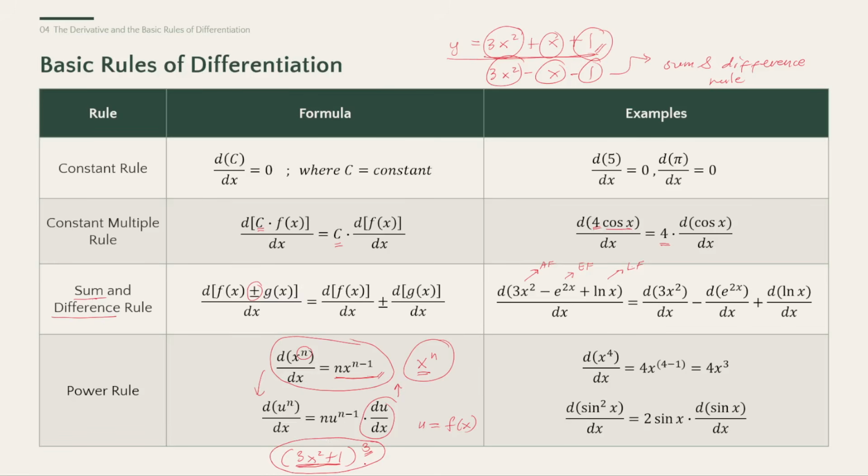But actually, in some cases, for example, if the given is only x squared plus 1, then squared, it is easier to expand this. You can expand and apply the sum and difference rule, and also the power rule.